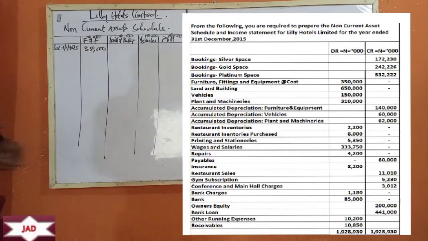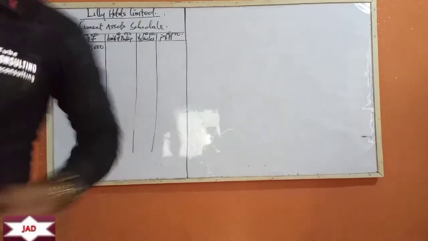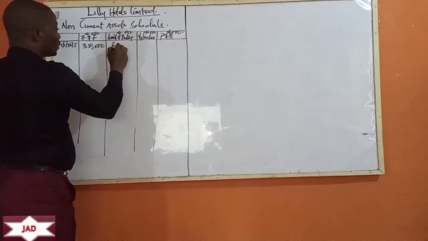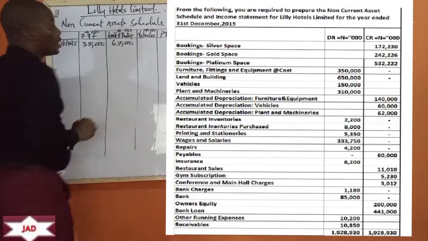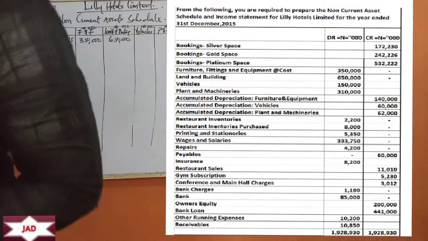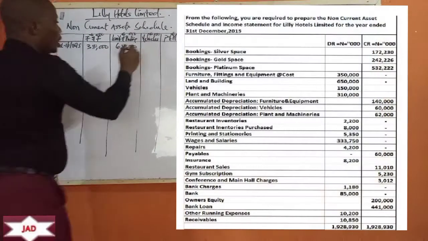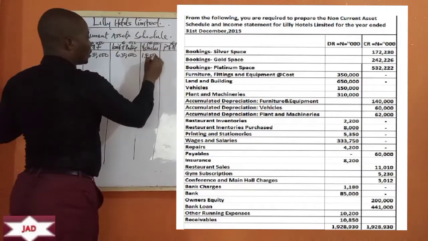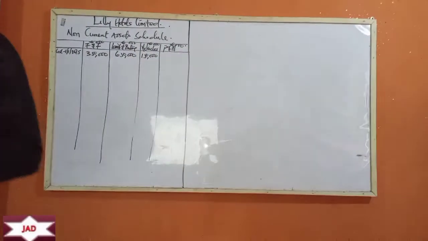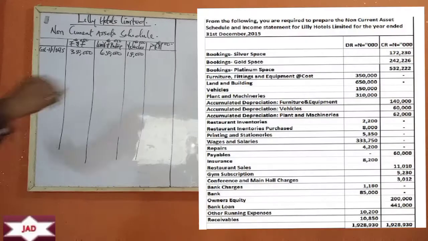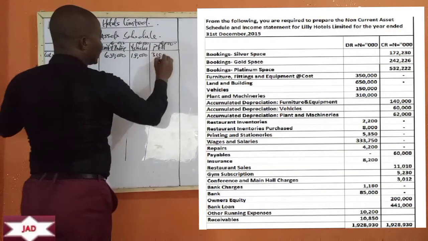Land and building is 650 million. Vehicles, 150 million. And plant and machinery, 310 million.